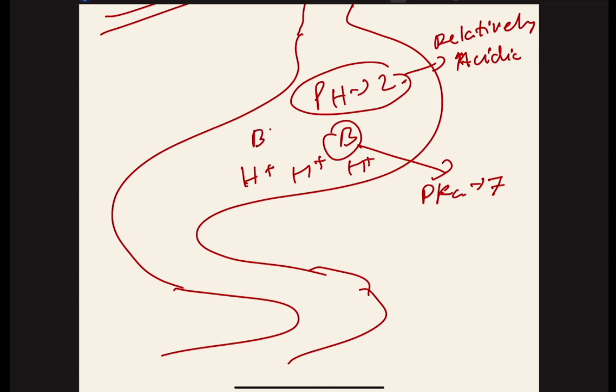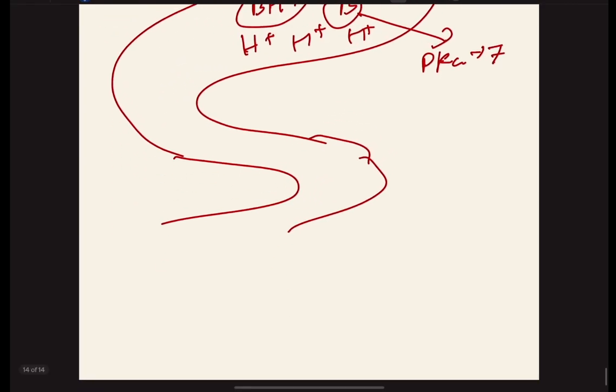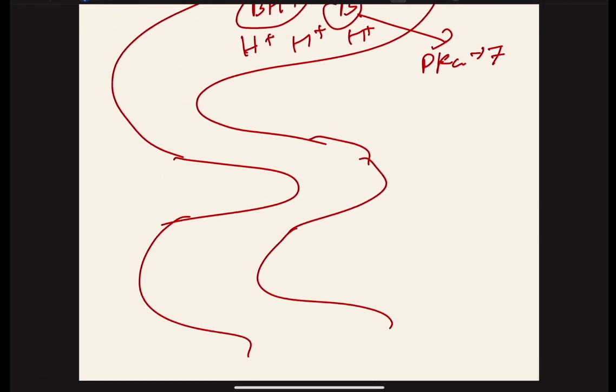So it will turn into the BH plus form, the more ionized form, and if it is more ionized, it can't cross the biological membrane easily. In the small intestine, let's assume the pH is 7 or 8, and the pK of the drug is 7.